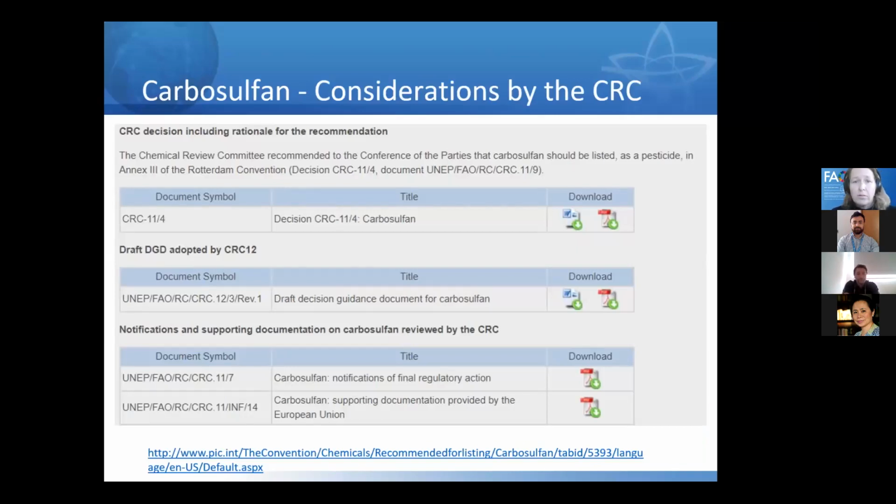Carbosulfan was also recommended by the Chemical Review Committee to the Conference of Parties that it should be listed as a pesticide in Annex III.